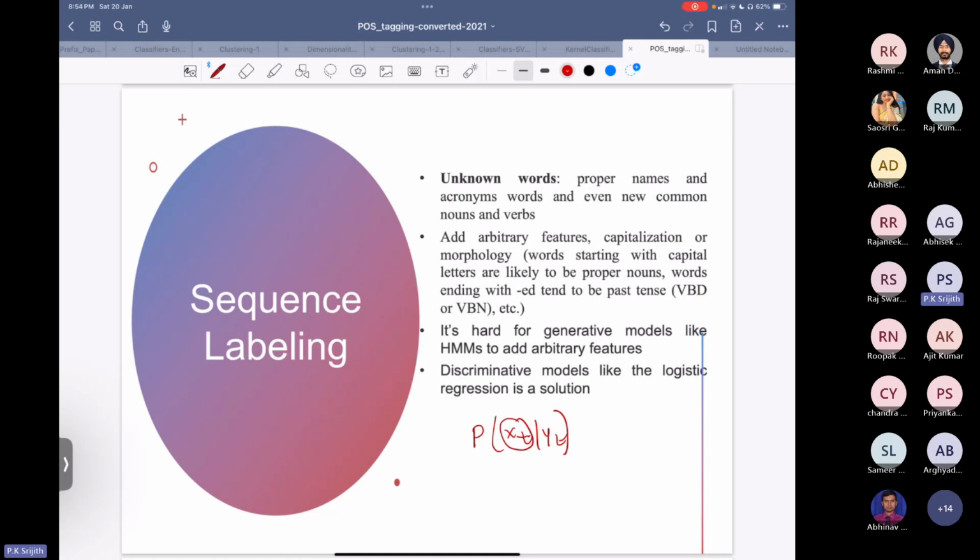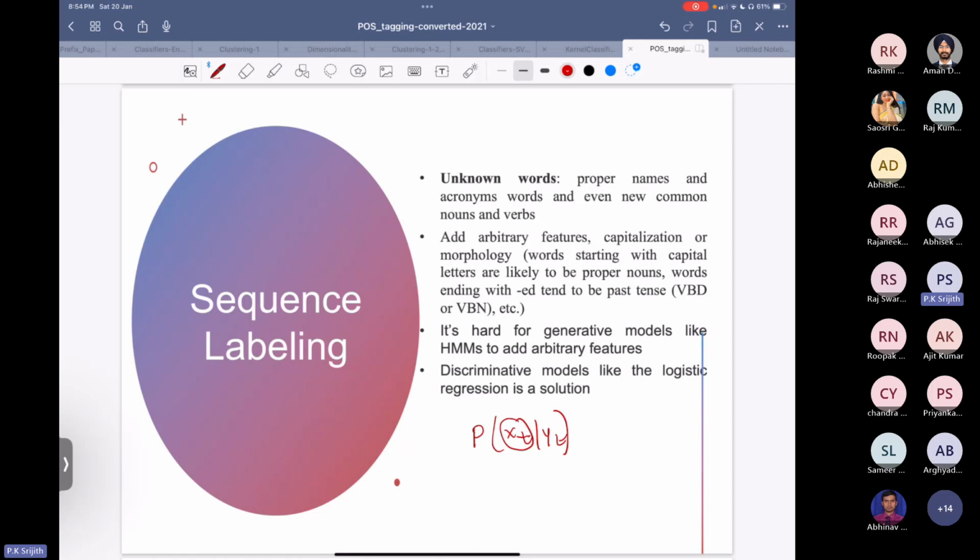That is not possible with a hidden Markov model, and it would be useful in performing prediction of tag sequence, and it will be helpful in generalizing to sentences and words which are not seen at the training time. And this is where discriminative modeling could be useful.